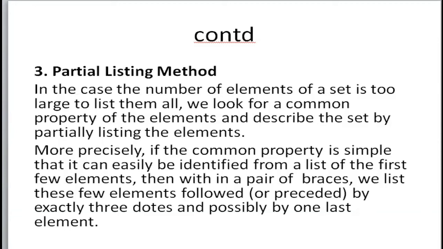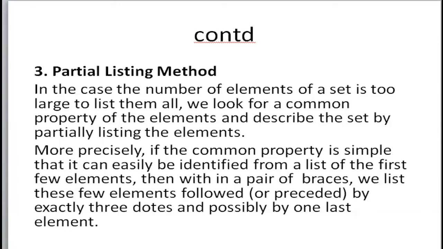But in the case of the partial listing method, we are going to list some of the elements, then we use dots, especially 3 dots, and finally we may put the last element if the set is finite, and we may not put the last element if the set is infinite.